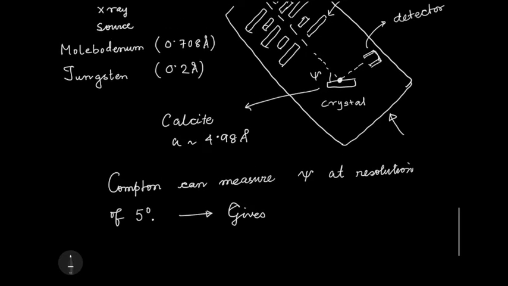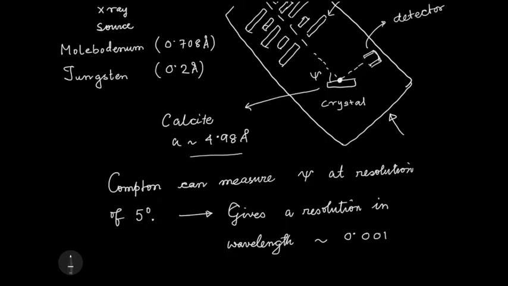If I have a resolution of 5 degree in measurement of psi, that gives a resolution in wavelength for this calcite crystal of 0.001 angstrom. Try to figure out how to get the resolution in wavelength from the resolution of 5 degree in psi, and A of calcite is 4.98 angstrom. I will not tell you that right away. I request you to think about it.